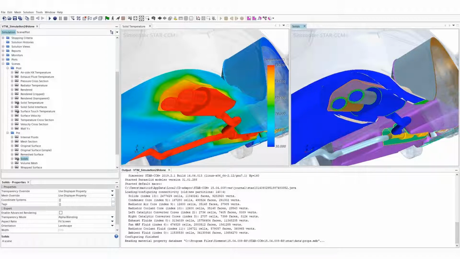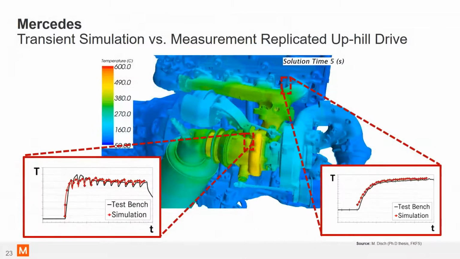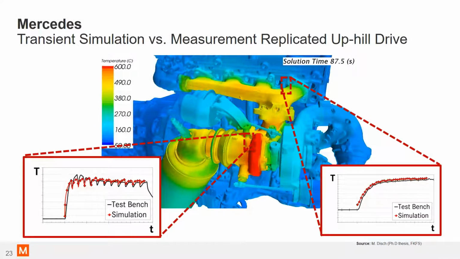So now we saw the local meshing and wrapping and how we can achieve a significant reduction in the time in running design iterations. This is also another example of the accuracy of Star CCM Plus being realized by one of our key customers. One common test for vehicle thermal management is the low speed uphill drive trailer tow test.